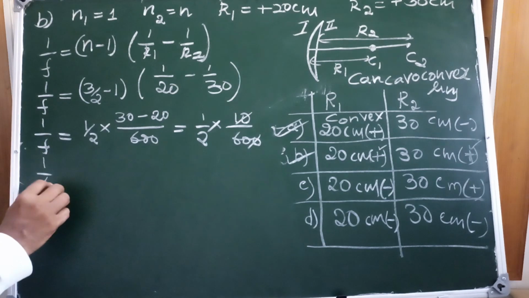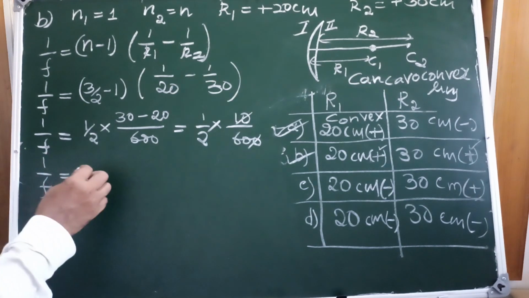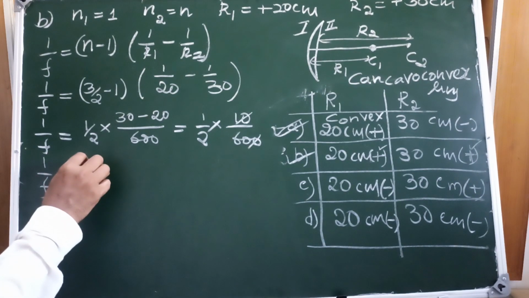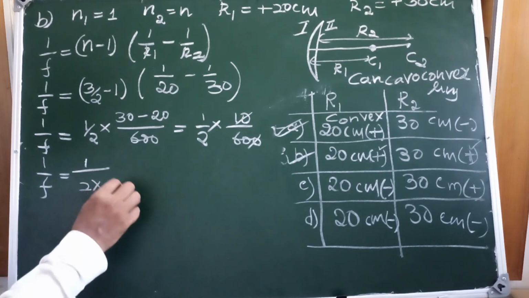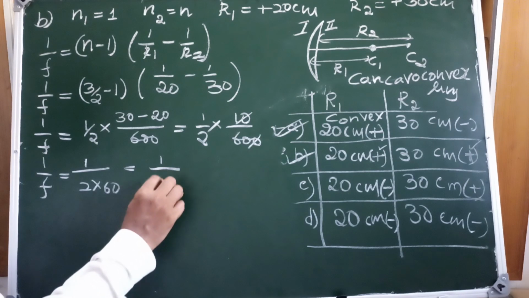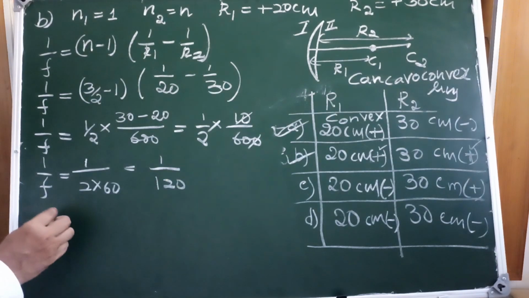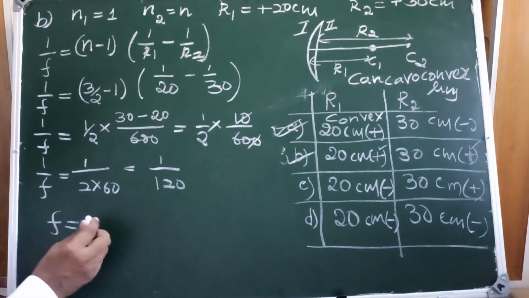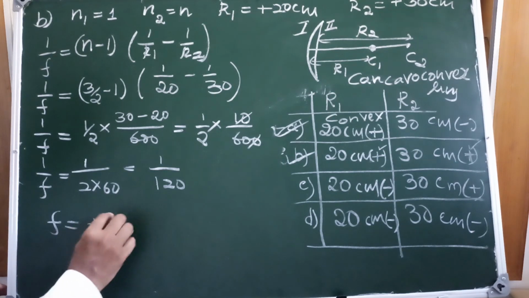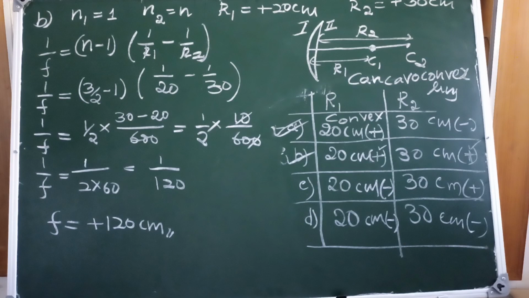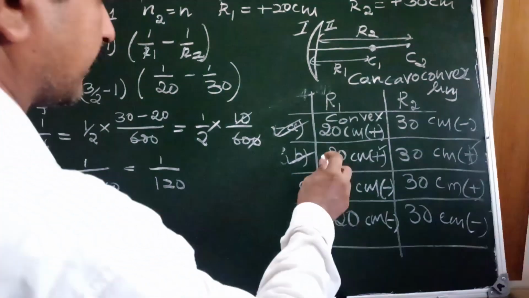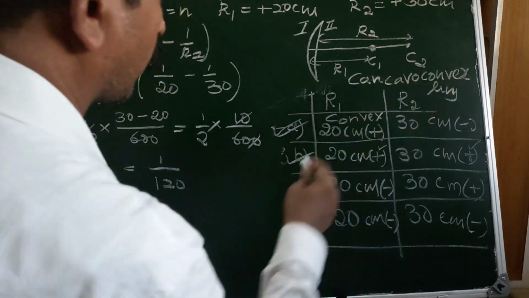Immediately you can write 1 by f is equal to 1 divided by 2 into 60. This is nothing but 1 by 120. So immediately you can write the focal length of the lens is plus 120 centimeter. So here, in case of B, it is a concavo-convex lens.